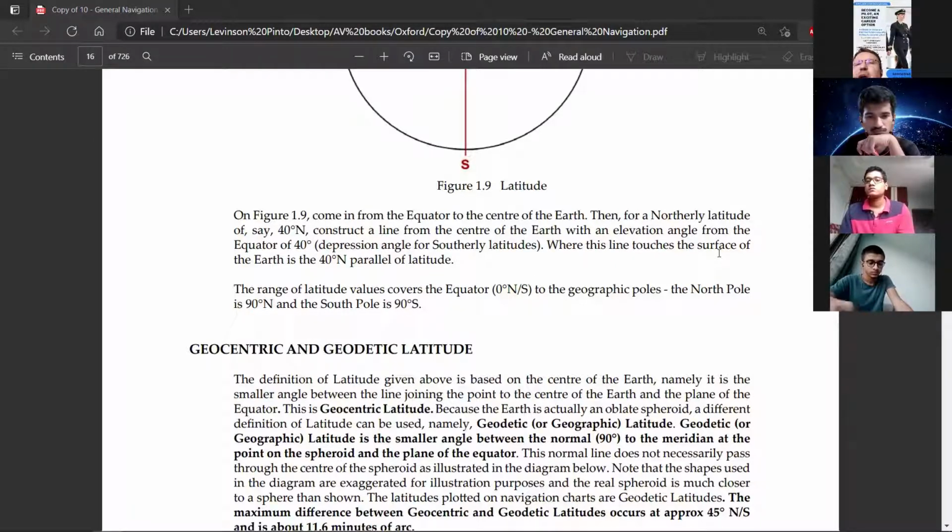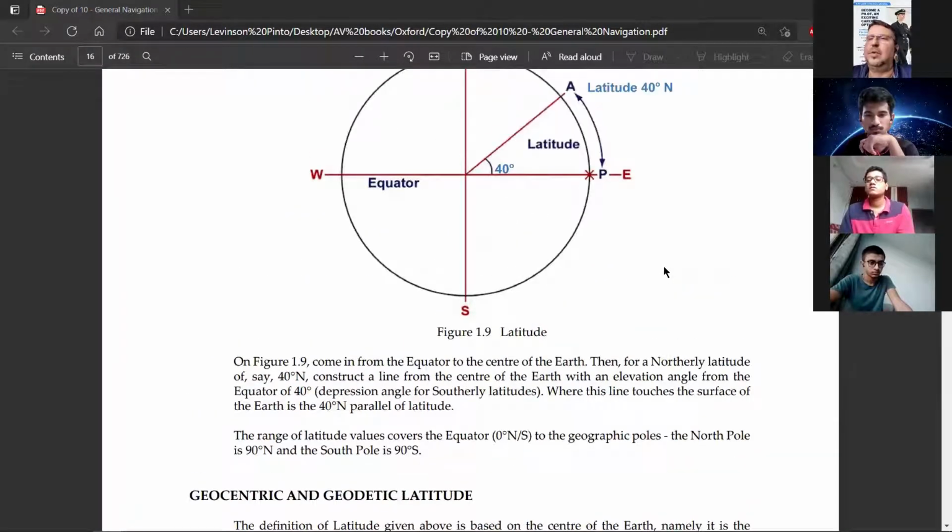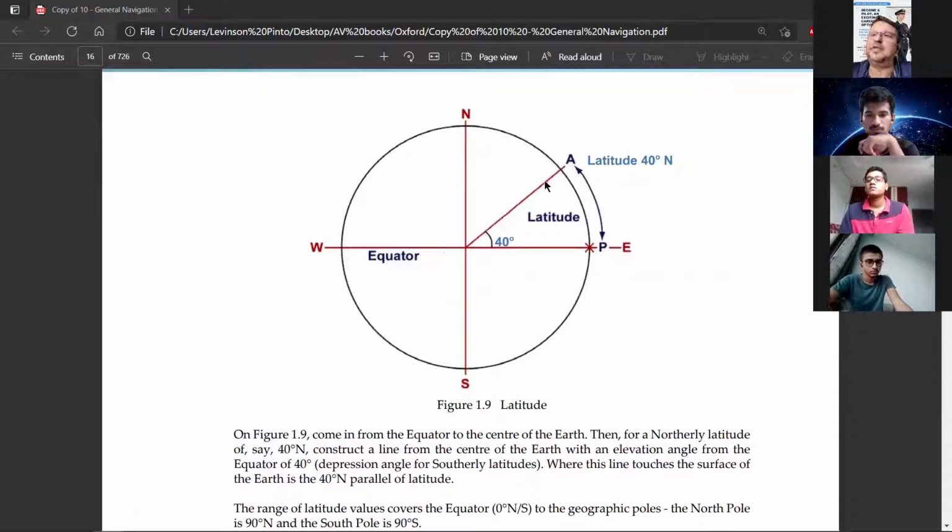The point where this line touches the surface of the Earth is the 40 degrees north parallel of latitude. Okay? This is very important to understand.